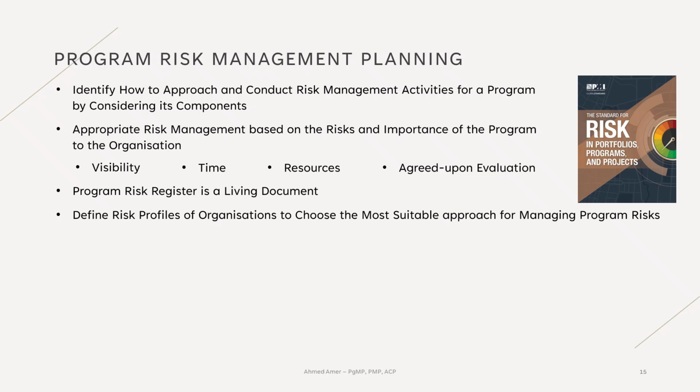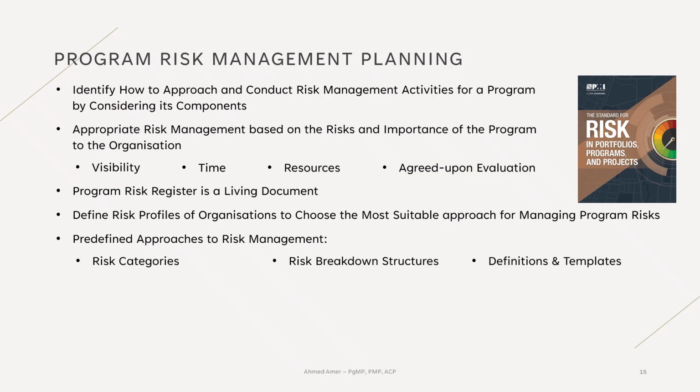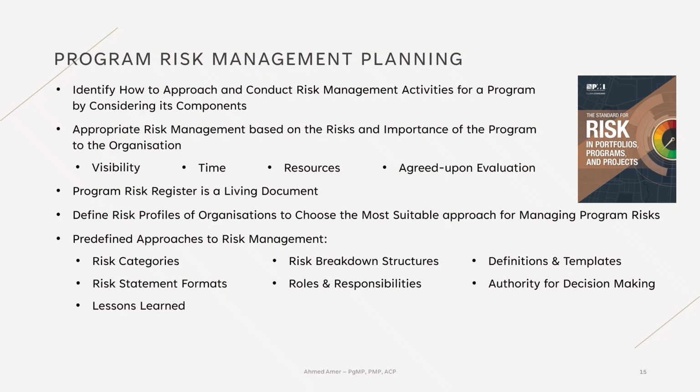It doesn't stop at this point. Organization and stakeholders' culture have a role in shaping the approach to risk management. Most organizations already have tools and structures for managing risk, such as risk categories, risk breakdown structures, standard definitions and templates, risk statement formats, roles and responsibilities, decision-making authority levels, and of course, lessons learned from past programs are invaluable.